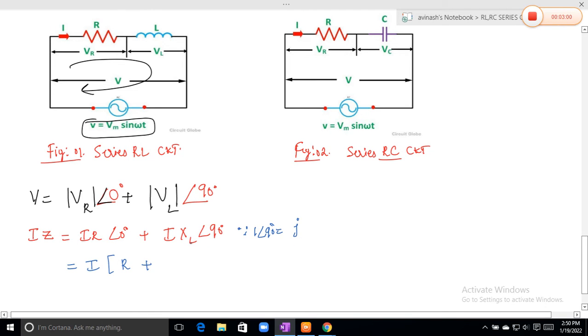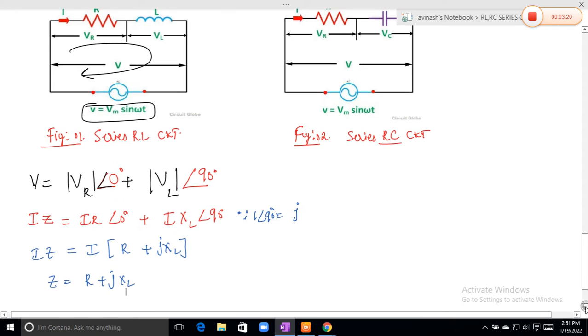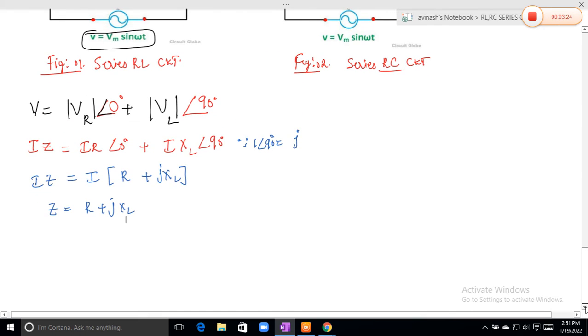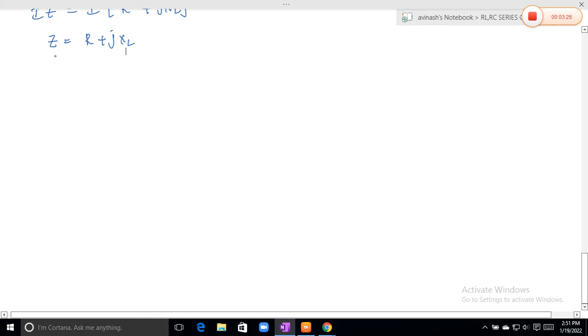So this J vector is multiplied with XL, J into XL. Hope you understand this point. I into Z is equal to I times (R plus JXL). What is Z? We can write simply R plus J into XL. This is the Z value.